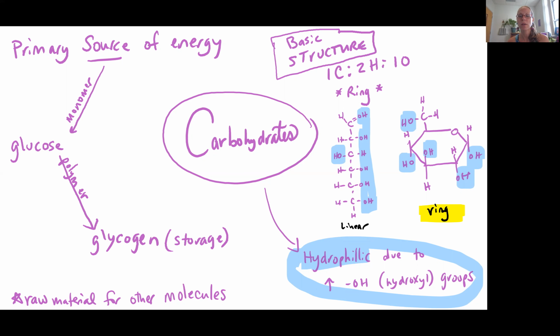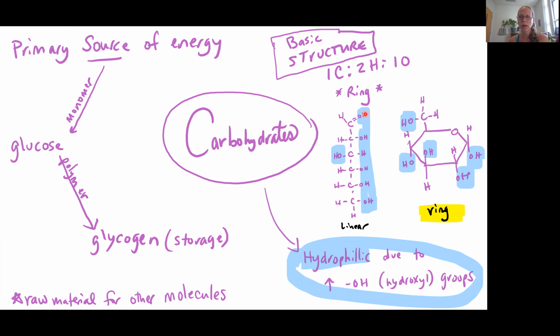We can draw out our carbohydrate either in the linear form or the ring form. Typically, we'll see carbohydrates in the ring form. Remember, in my ring drawing over here, each of these points is representing a carbon that, for simplification purposes, I didn't write in.